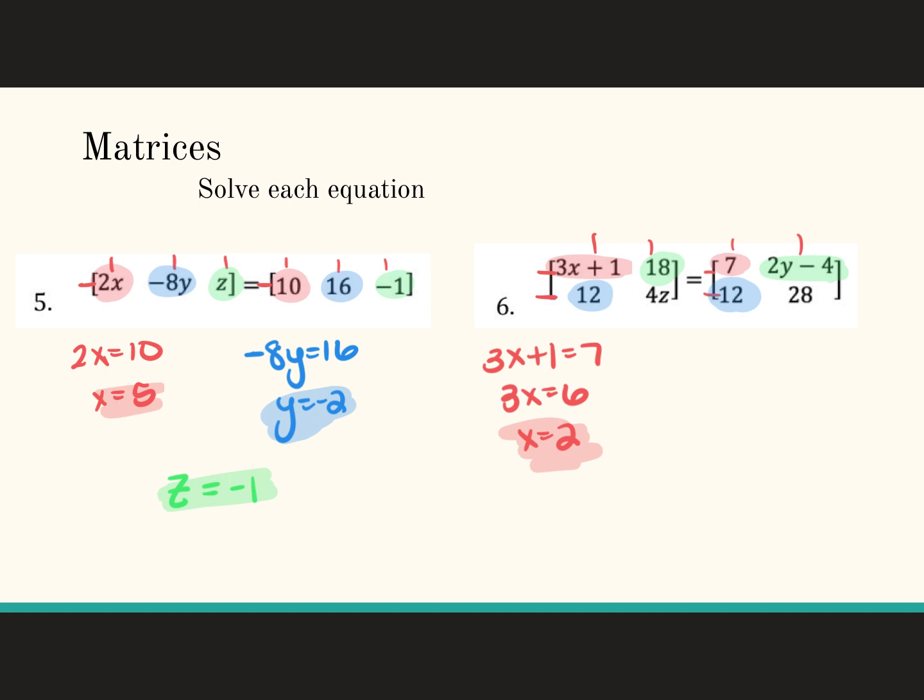I can say I have 18 equal to 2y minus 4. 22, so y is going to equal 11. And then last but not least, I can say, well, I have 4z equal to 28. You can solve that. So 4z equals 28, so z is going to equal 7.